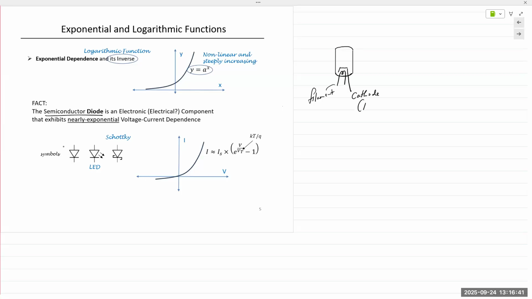That's the cathode, noted with a K. And then there's a plate at the top, known as the anode, noted with an A. So A and K. Now, if you've studied chemistry, you may be familiar with these terms, electrodes, sometimes labeled as anode and cathode. So a vacuum tube was the first electronic device.